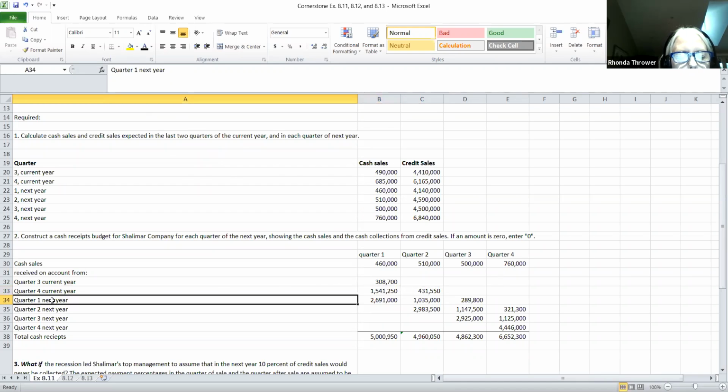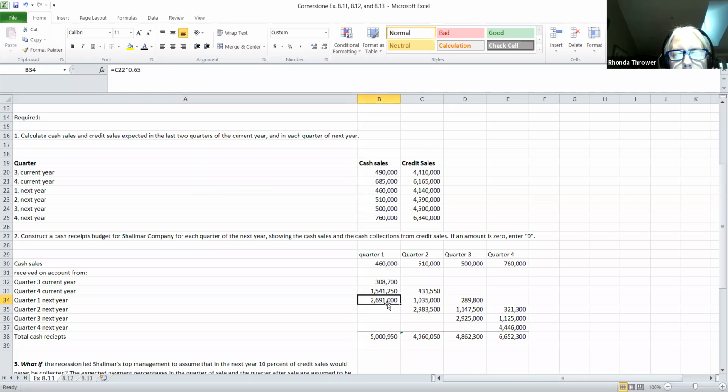On the next one, quarter one of the next year. So for quarter one of the next year, the sales on account are 4,140,000. You're going to collect 65% in the month of the sale, which was quarter one.